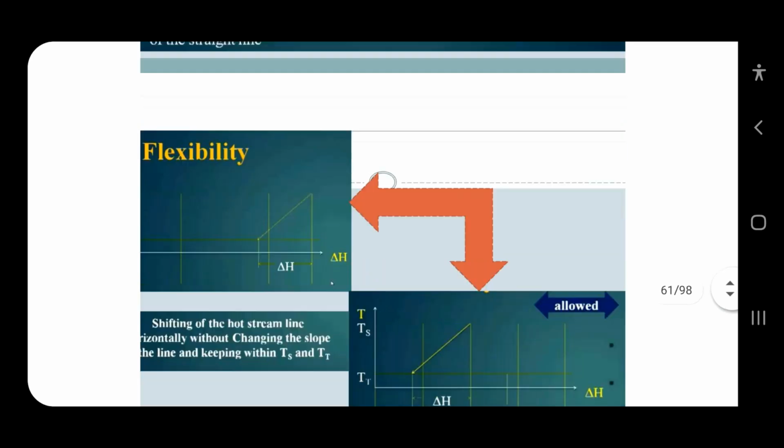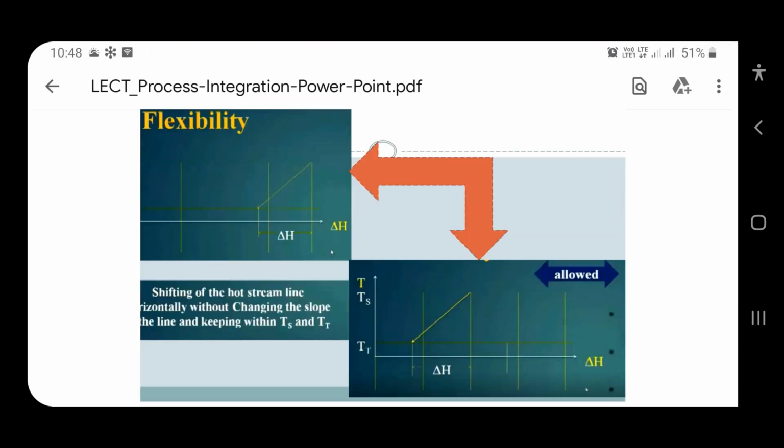It doesn't matter. You can move that line to any place, but you must keep in mind that your delta H and delta T values should be constant throughout the graph. It doesn't matter if somebody plots directly from the zero scale, or someone plots from 20 degrees Celsius.